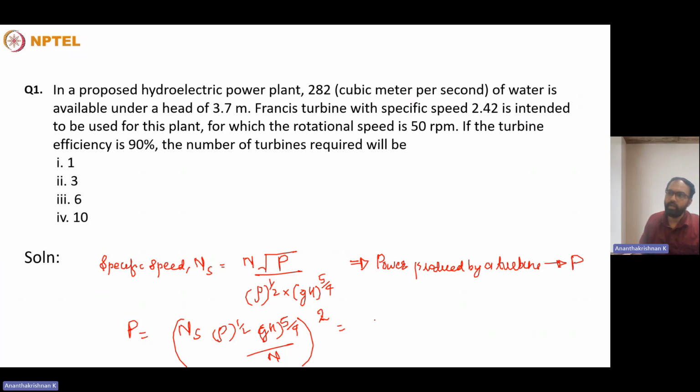The value of Ns, the specific speed, is 2.42. Rho is for water, so that will be 1000, g is 9.81, head is given as 3.7, and the speed is given as 50 RPM.